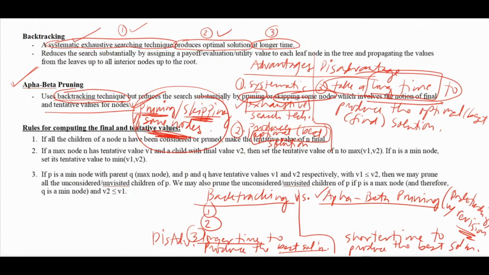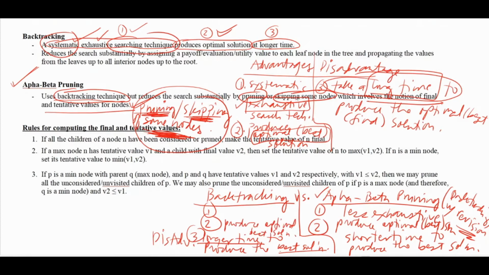So alpha beta pruning, since this is still backtracking, would still be considered a systematic search technique, but it is less exhaustive because it allows the pruning or skipping of some nodes. The second description is the same: it still produces the optimal or best solution, just like the standard backtracking.